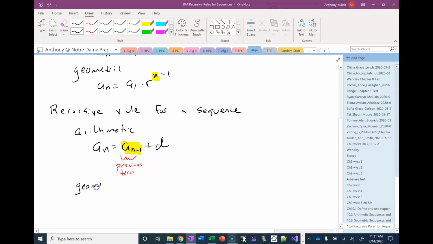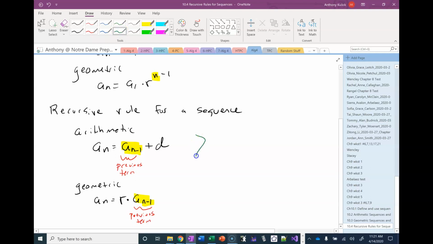It's not super difficult, though the notation looks a little weird. And for geometric, it's going to be r times the previous term. Again, that n minus 1 is all in the subscript, and all this means is the previous term.